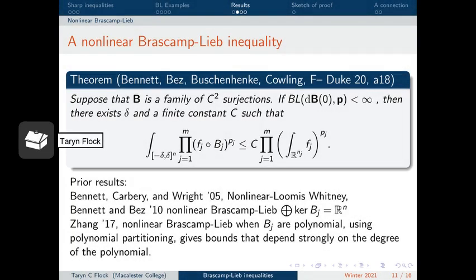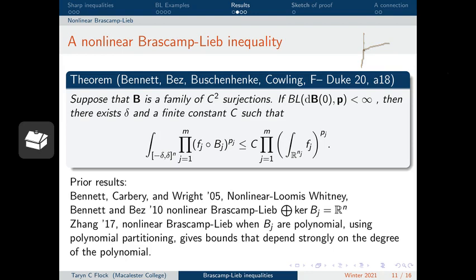This very general result follows on the path of many prior results, giving nonlinear Brascamp-Lieb inequalities in special cases. Bennett, Carberry, and Wright proved a nonlinear Loomis-Whitney inequality. Bennett and Bez proved a nonlinear Brascamp-Lieb inequality under the condition, very similar to Loomis-Whitney, that the kernels of these linear maps, their direct sum is all, they span Rn.